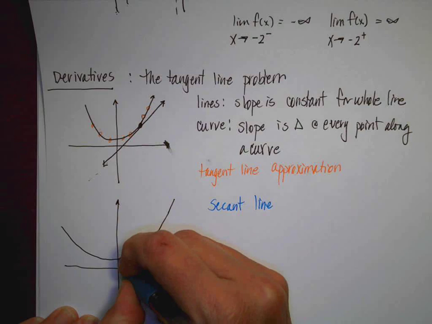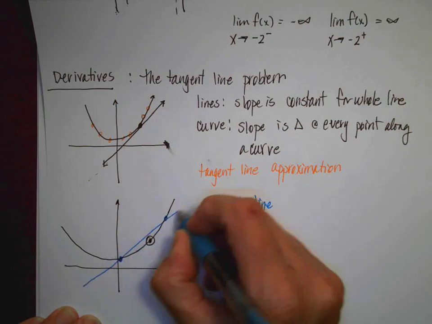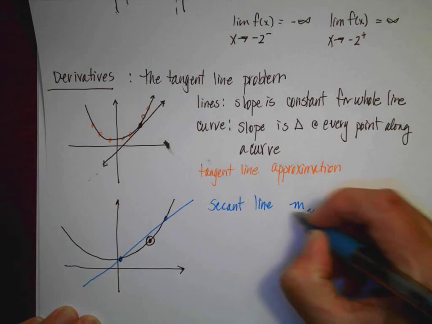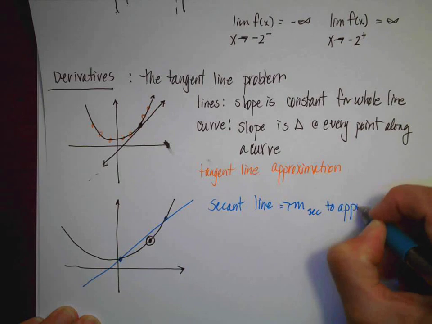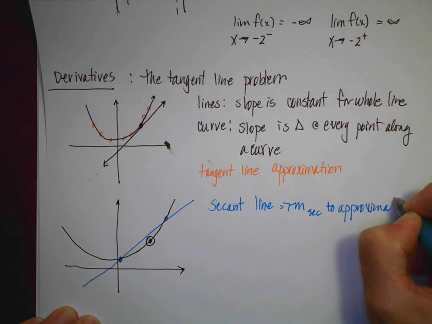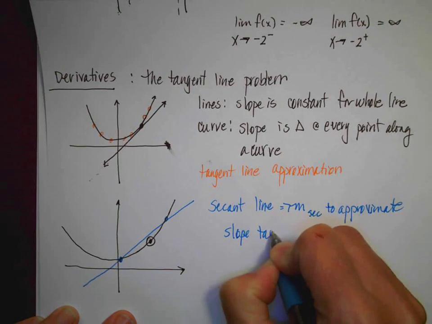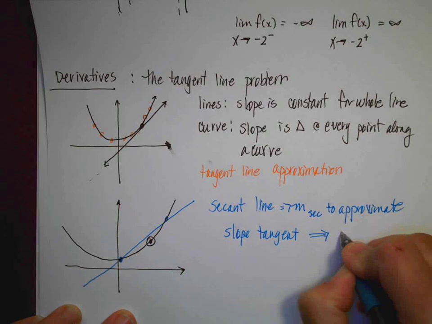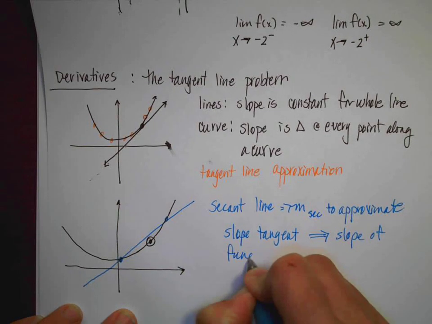So if I draw a secant line, so let's say I start out here and I draw a secant line. Well, the slope of the secant line is going to approximate the slope of the tangent line, which is also going to approximate the slope of the function.